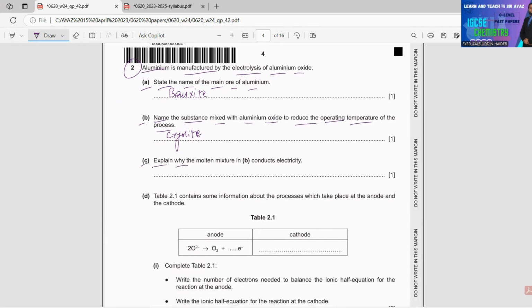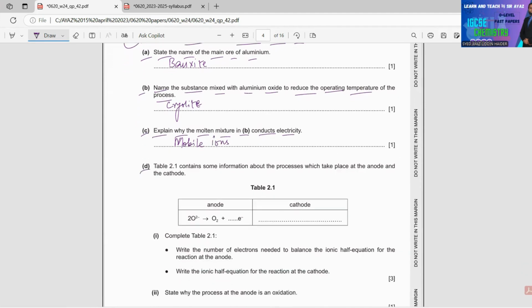C. Explain why the molten mixture in B conducts electricity. It's due to the presence of mobile ions. So a liquid conducting electricity must have mobile ions in it. Part D, table 2.1 contains some information about the processes which take place at the anode and at the cathode. Only the anode reaction is given.